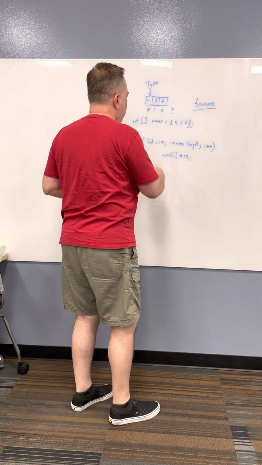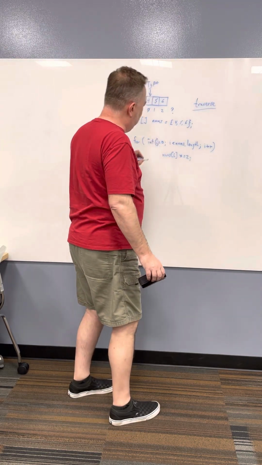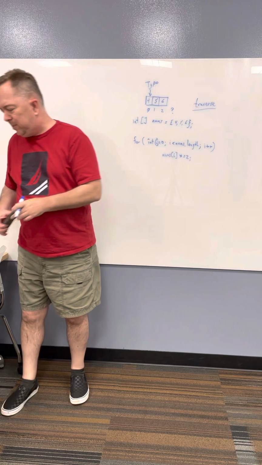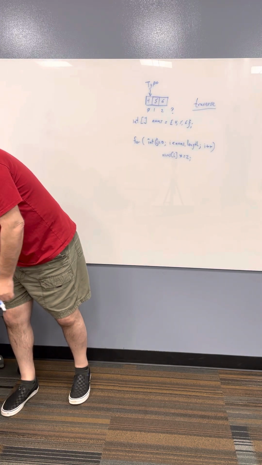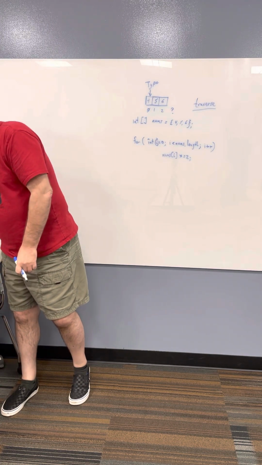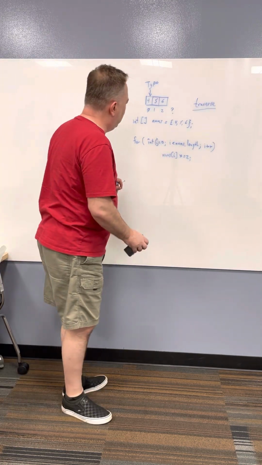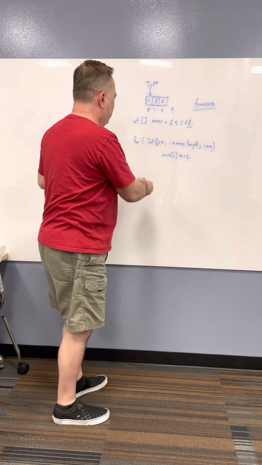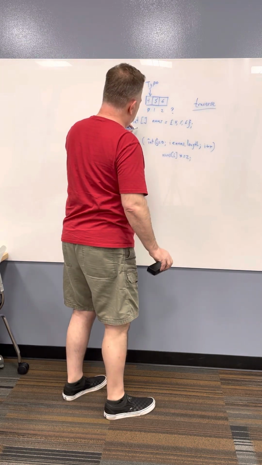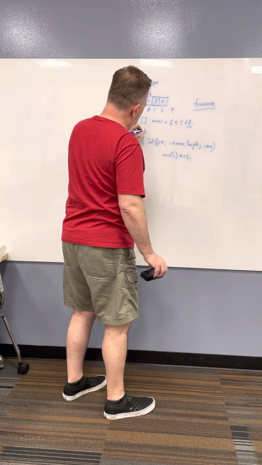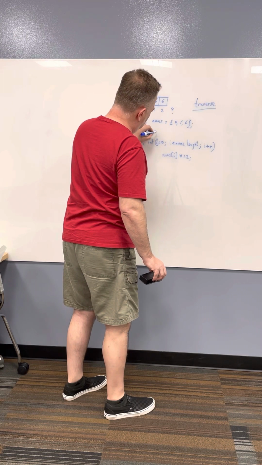So now if you don't care about the i, here we've been looking at the i. Let's say you just want to use the values. You don't care about the index itself. So let's say you want to add up these numbers. I could do something like int total equals 0.